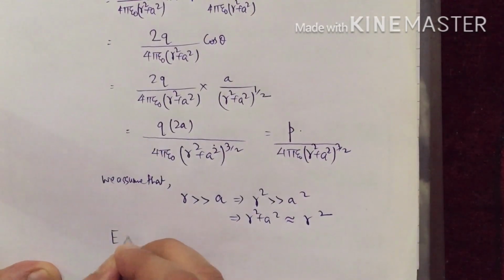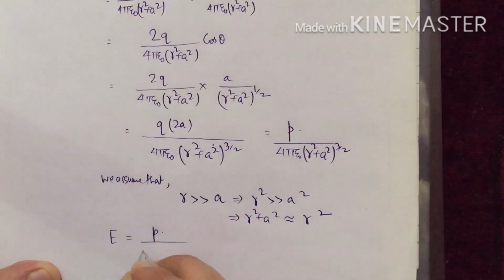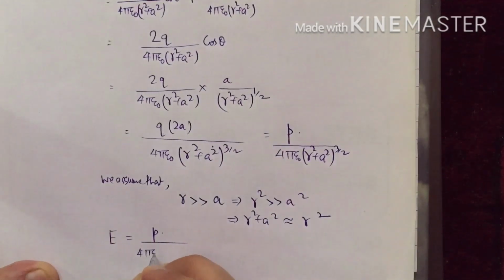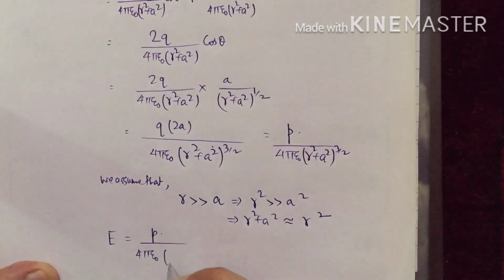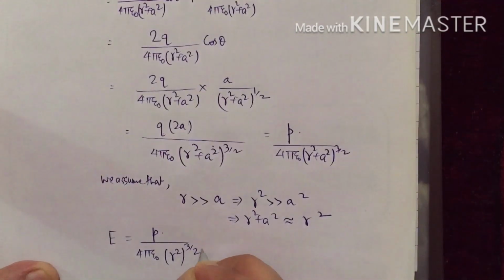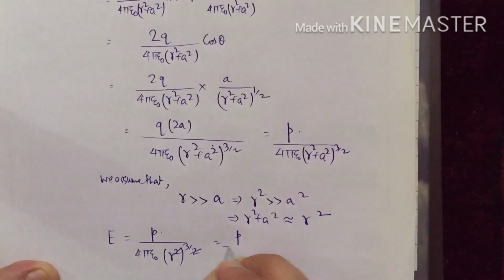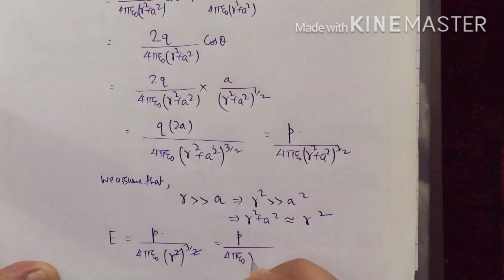Therefore the electric field is given by P divided by 4 pi epsilon naught, R square to the power 3 by 2. The 2 and 2 get cancelled, so we have P divided by 4 pi epsilon naught R cube.